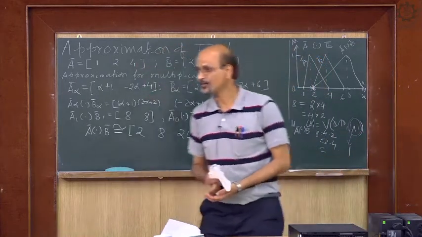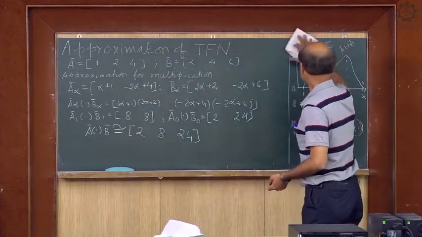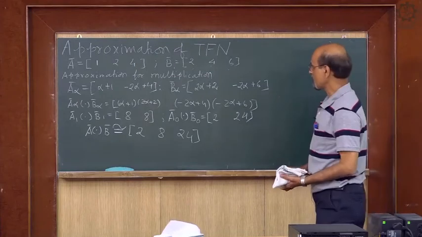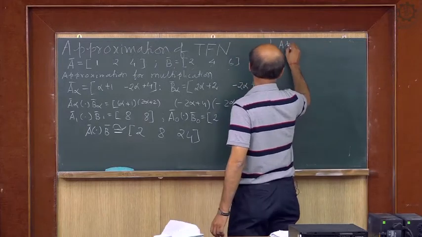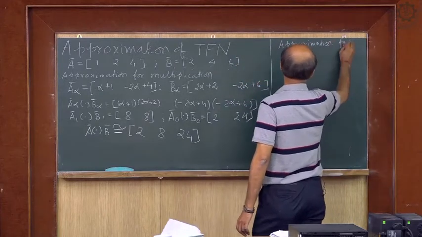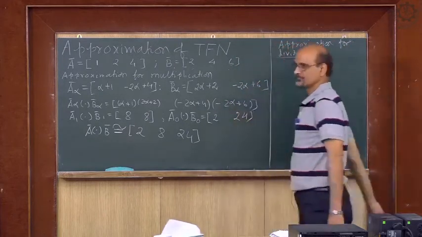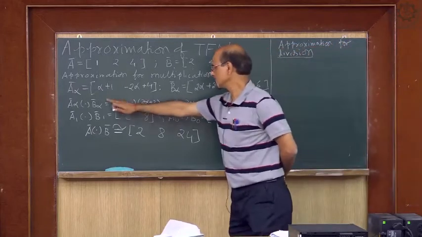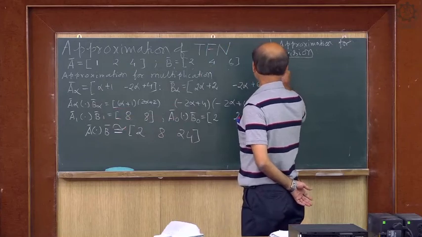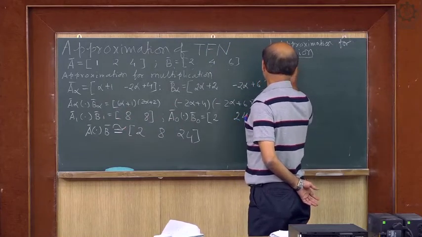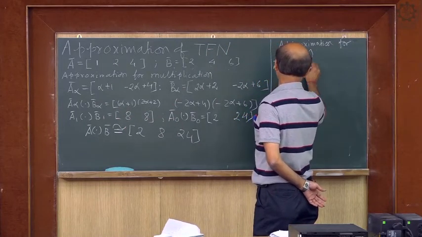Similarly, I can do for division. So approximation for division. So here again A alpha, B alpha are same. So I can write A alpha by B alpha.